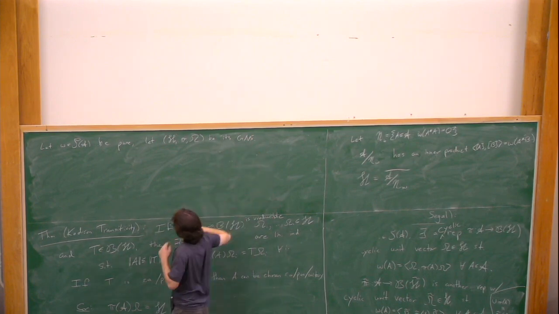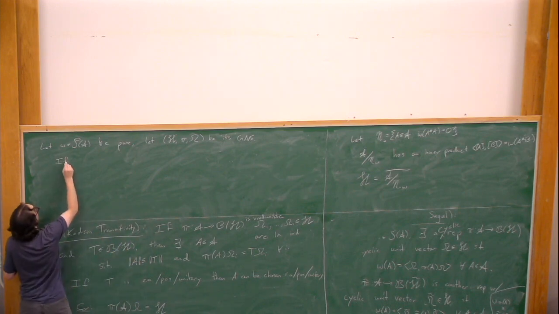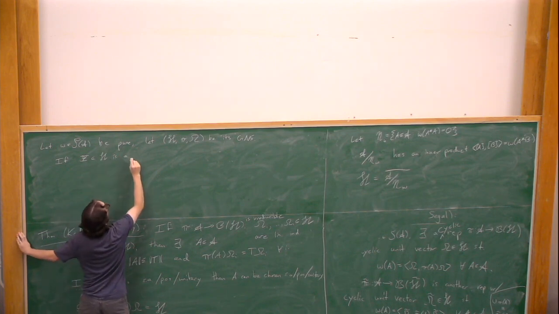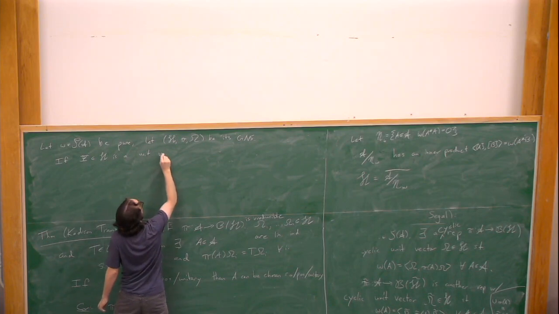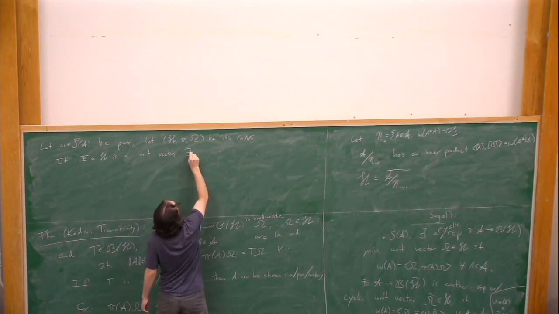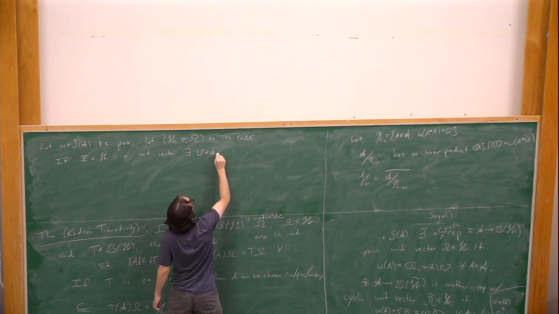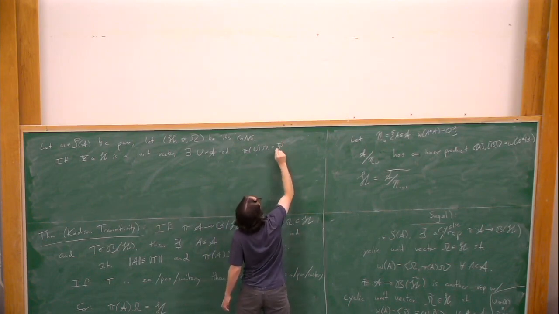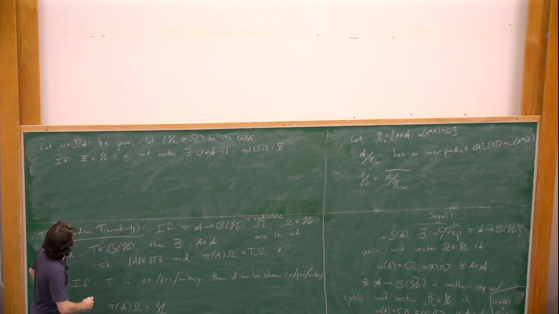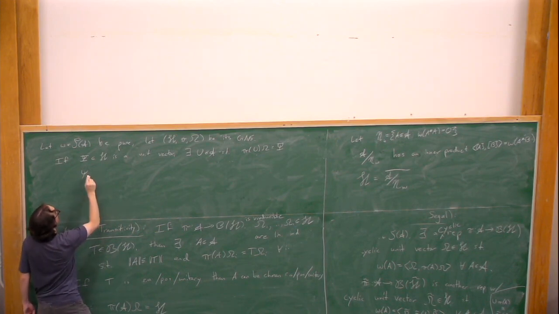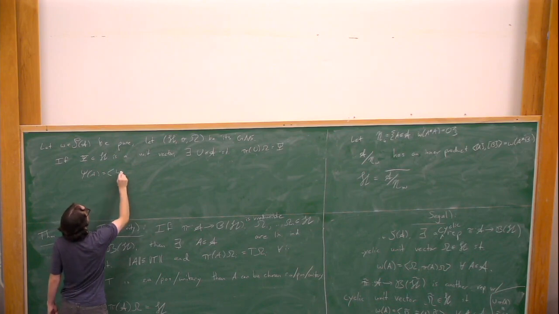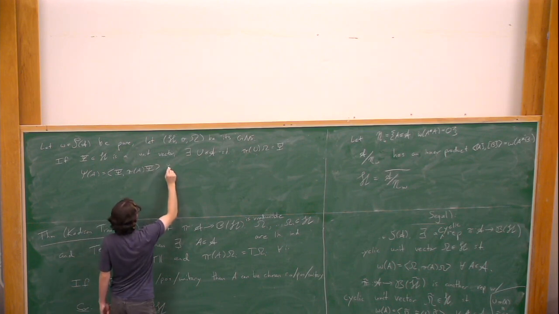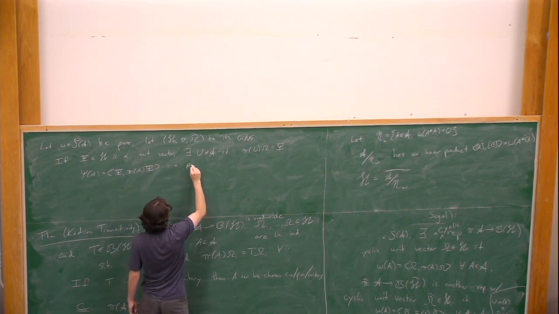So the Kadison transitivity theorem can tell me that if psi is another unit vector, there exists a unitary u in the C-star algebra such that pi of u omega equals psi. So psi also represents a state, which I'll call little psi. It is a pure state, actually.